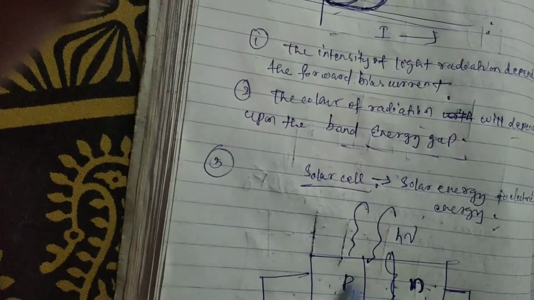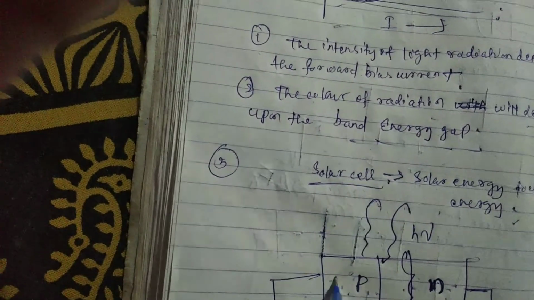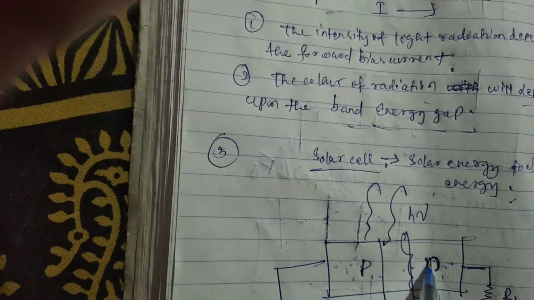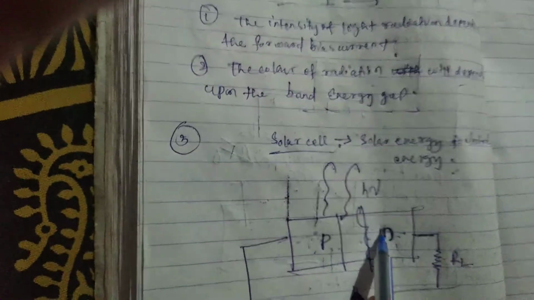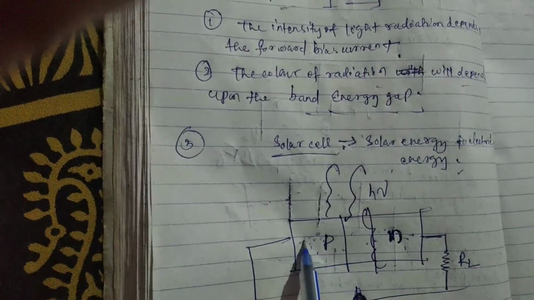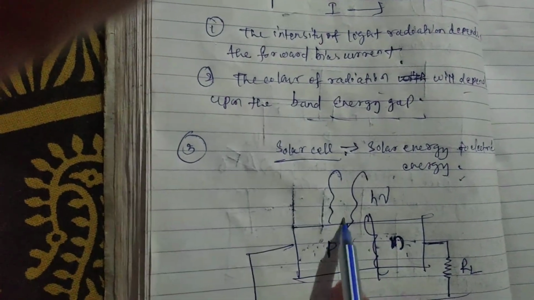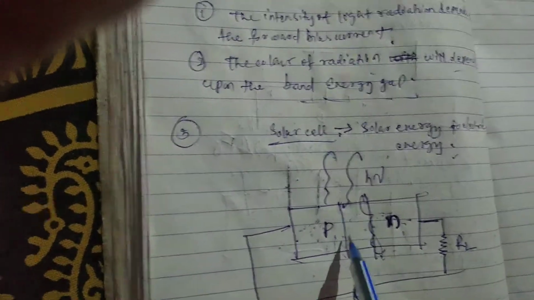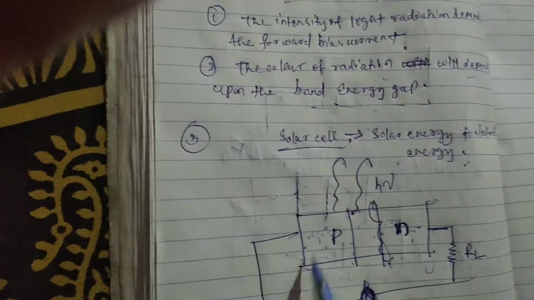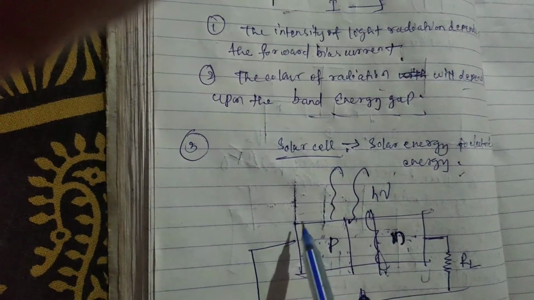Sorry, here there will be no external source. So as a result, the majority charge carriers will move: the holes towards the p type semiconductor and the electrons towards the n type semiconductor. As a result, a photovoltage is set up across this PN junction.